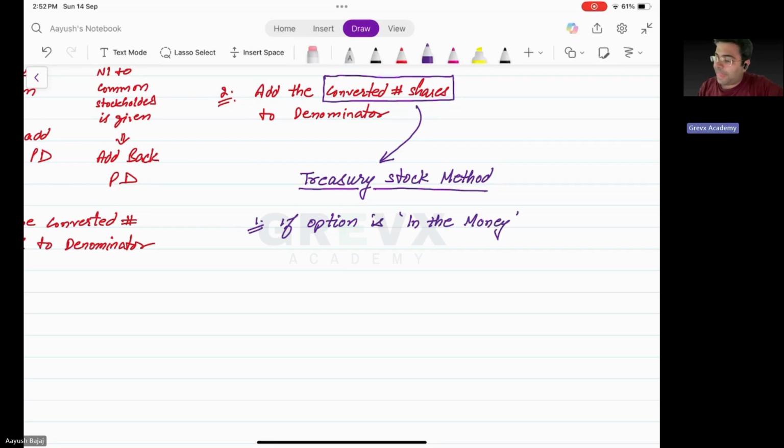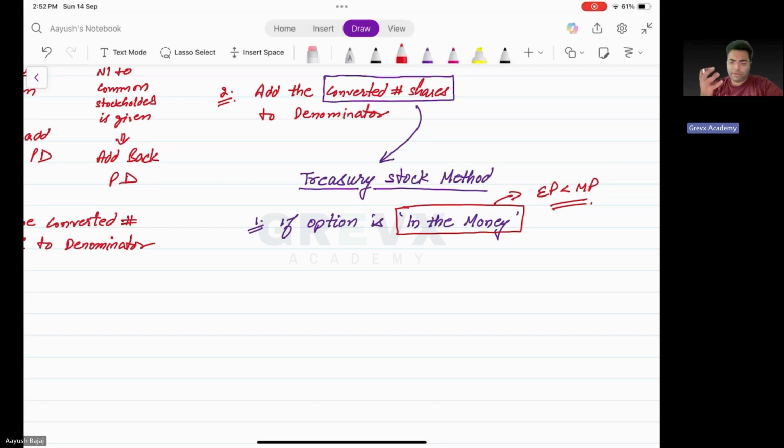in the money. If the option is in the money, that means when will the option be in the money? When the exercise price is less than the market price. Now, what does that mean?